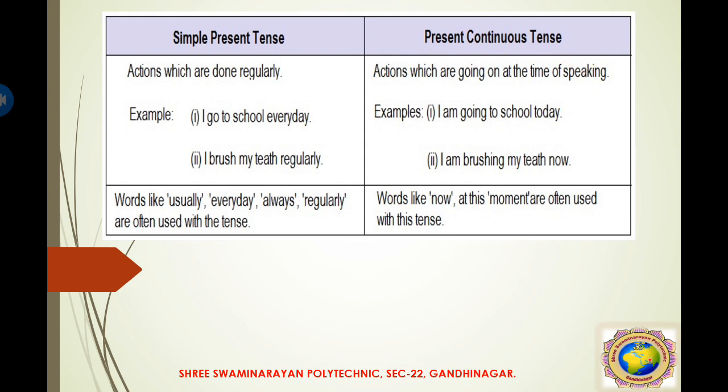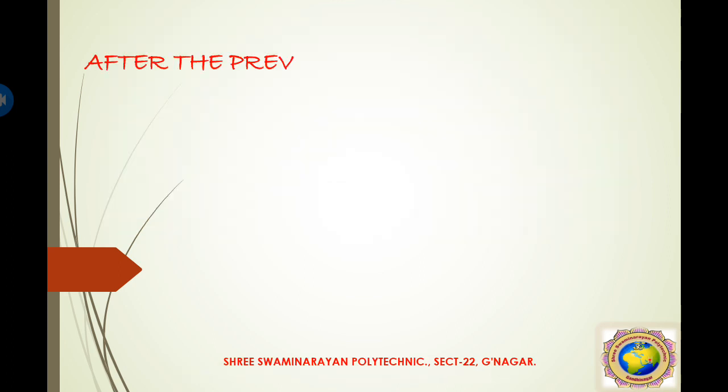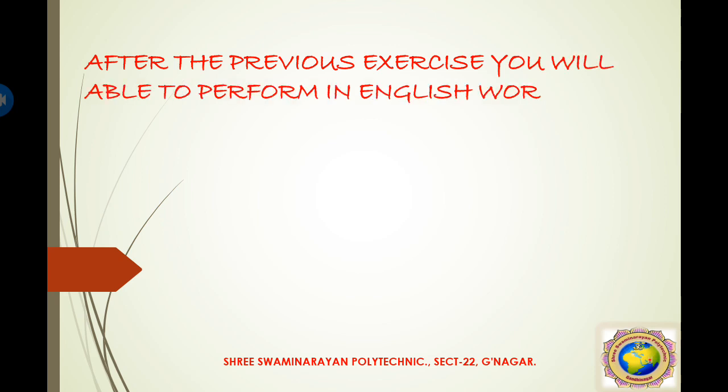Okay. So students, I think you are very clear about the simple present tense and the present continuous tense. These two tenses are part of the present tense. Okay. So after the previous exercise, you will be able to prepare English workbook pages number 3 and 4.